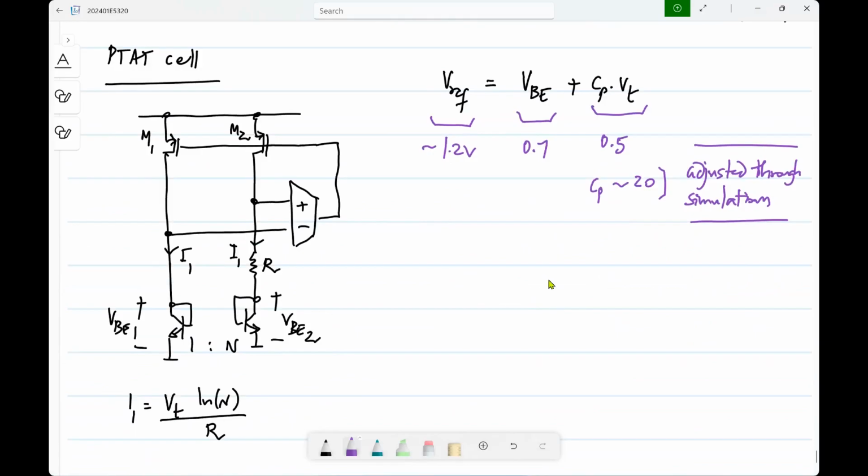We have to get VBE plus something that is proportional to absolute temperature. Now I have a circuit that gives me proportional to absolute temperature current. Okay. So how do I get that reference voltage? What should I do? Multiply what with the resistance? So what should I do in the circuit?